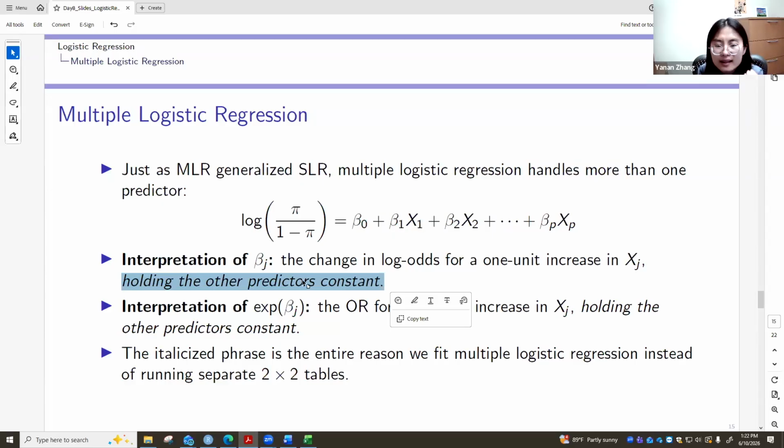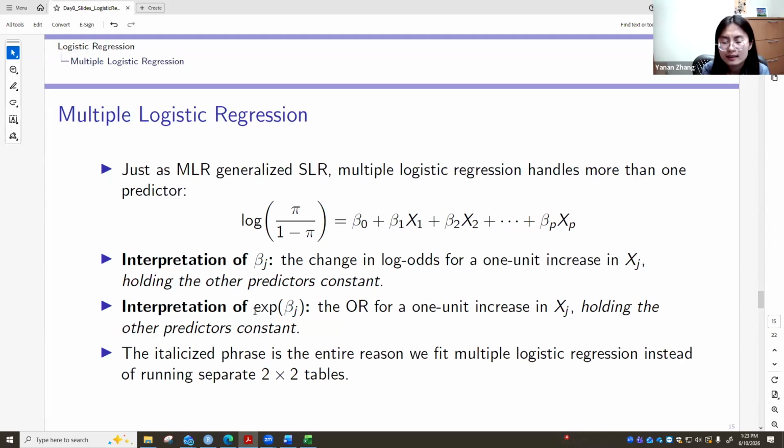Holding the other predictors constant is just like holding the temperature the same, or only looking at people who work indoors, or only looking at people who work outdoors, right? And then we look at the effect of x1, which is beta 1, right?